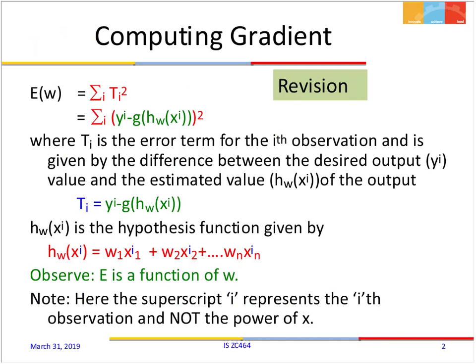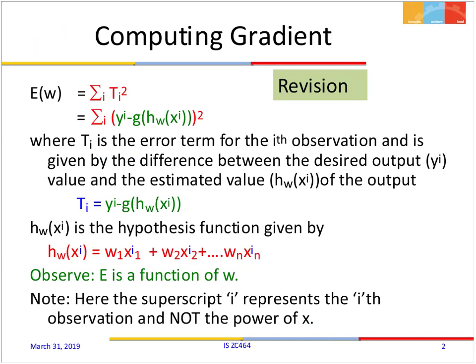So in the last class, we had seen that the error function is defined as summation ti square, and then we replace the contents for ti as yi.